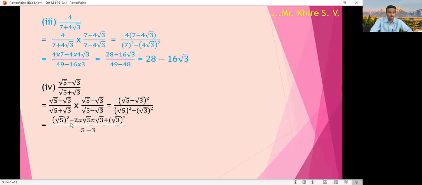Root 5 whole square minus 2 into root 5 into root 3 plus root 3 whole square upon root 5 square is 5 and root 3 square is 3. Equal to root 5 square is 5 minus 2 into 5 into 3. 5 3s are 15, root 15 plus root 3 square is 3 upon 2 as it is. Now 5 plus 3 are the like terms, add them. 5 plus 3 is 8 and minus 2 root 15 as it is upon 2 is there.